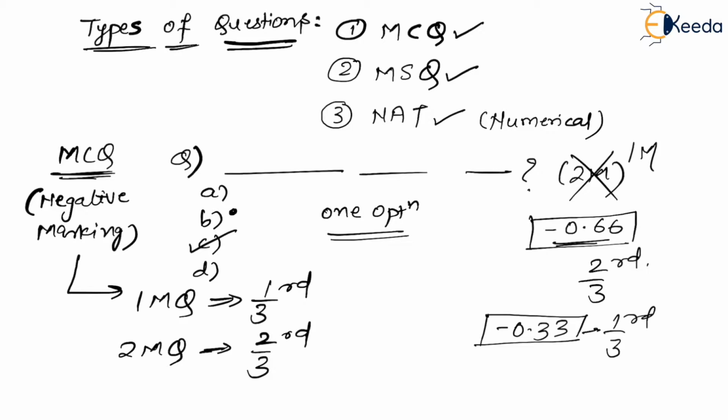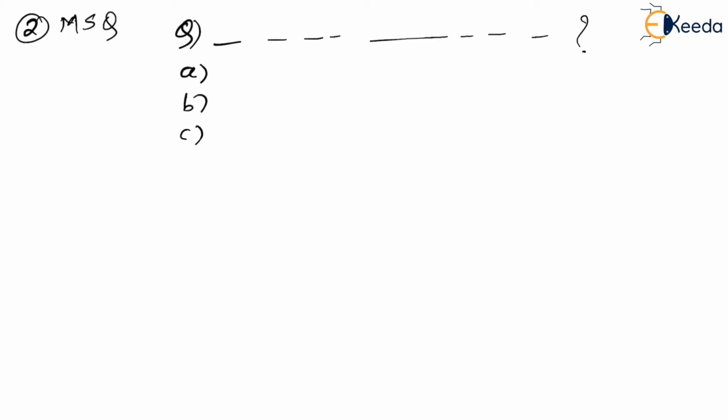Now this was all about MCQ. Let us try to understand MSQ. In case of MSQ, the second type, you have a question and some options, let us say A, B, C, and D. What does MSQ say? Multiple select questions. In the sense, there can be more than one answer to the same question.